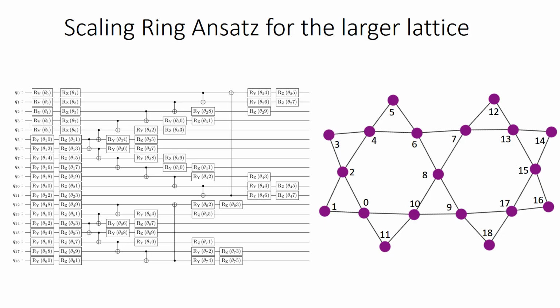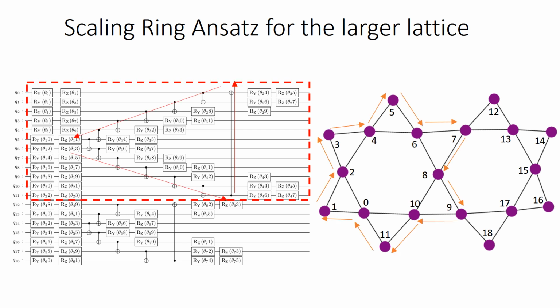Finally, I would like to show the scalability of the ring ansatz for the calculation of ground state energy for a larger lattice. In this case, the diagram on the right shows a two Kagome unit cell lattice. And what's interesting is that the circuit shown on the left can be split into two parts.